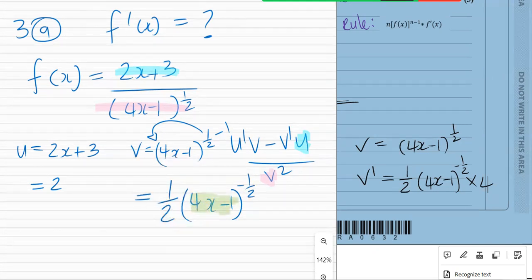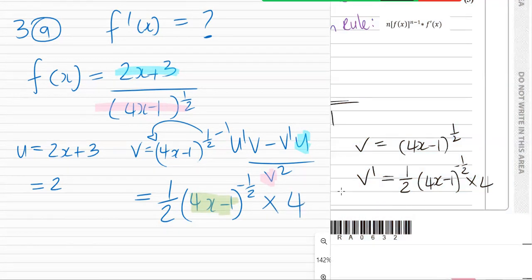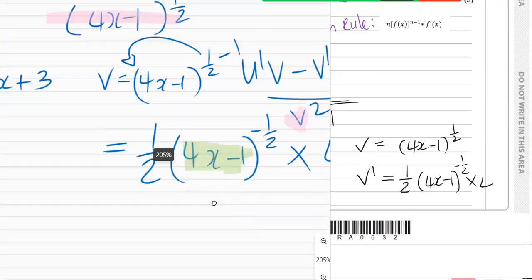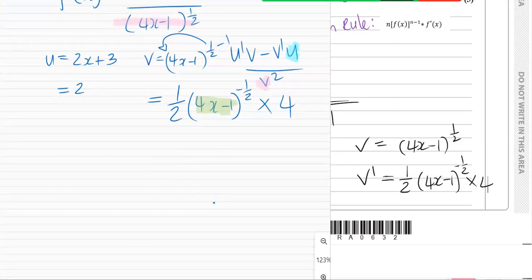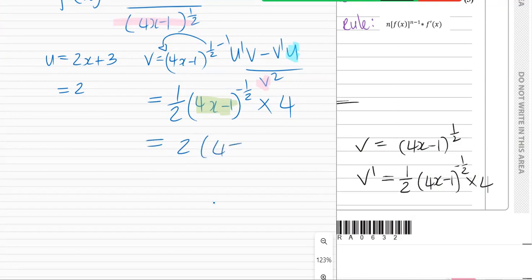The first derivative of 4x minus 1 is equal to 4. That's where that 4 came from. Obviously, you want to simplify that a little bit. So we end up with 4 times a half, which is just 2, and that's going to be 4x minus 1 stays the same, and power minus a half.